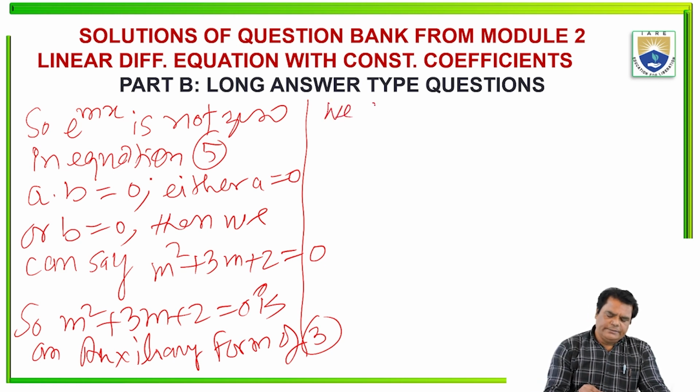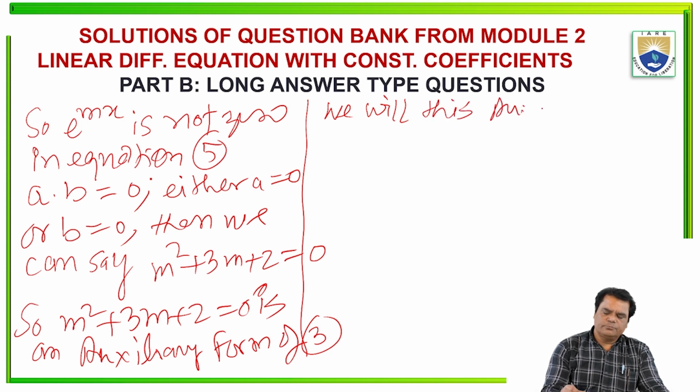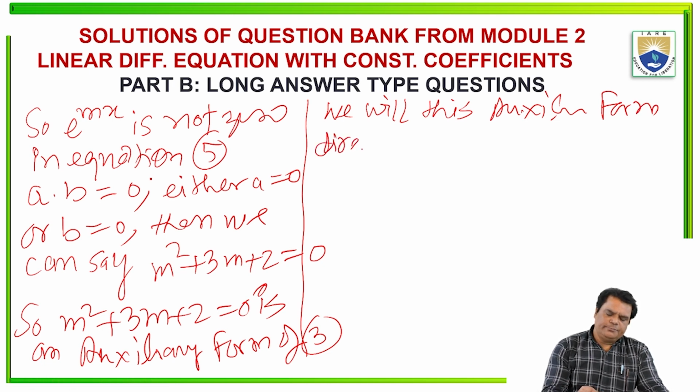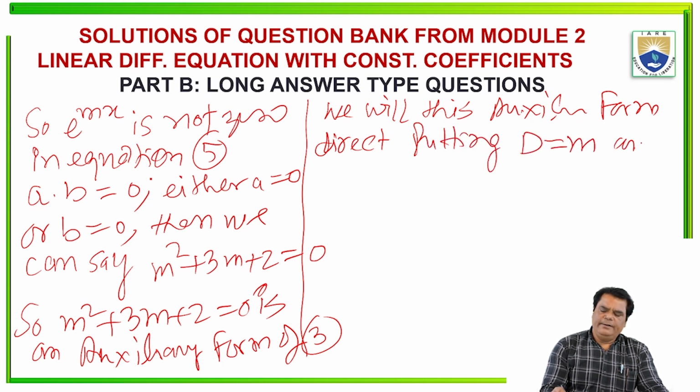We can get this auxiliary equation directly by putting D equal to m and removing y from 3.